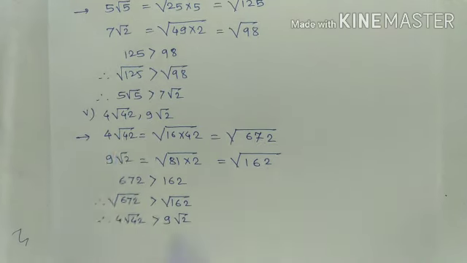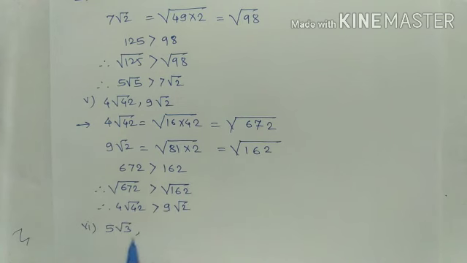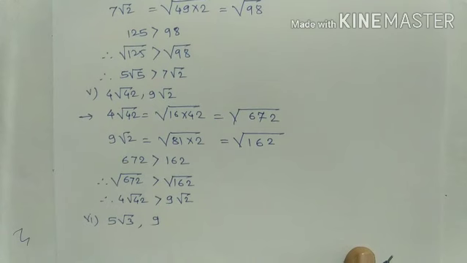If you compare the given pair of surds. Then the sixth example is this 5 root 3 and 9. Now this is not a surd, but we can convert this into root form.